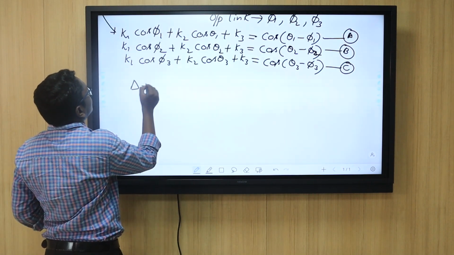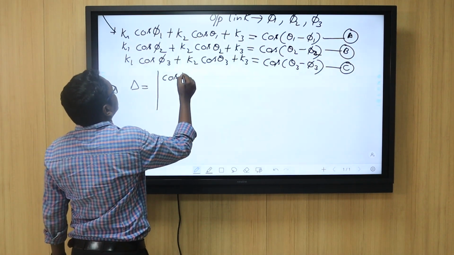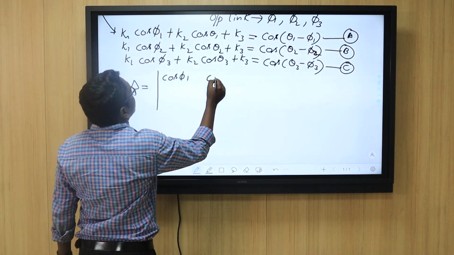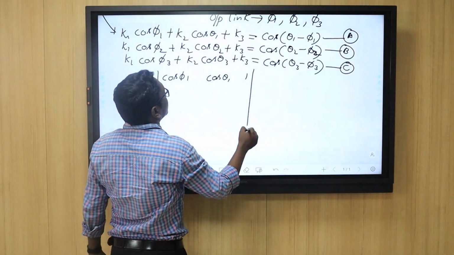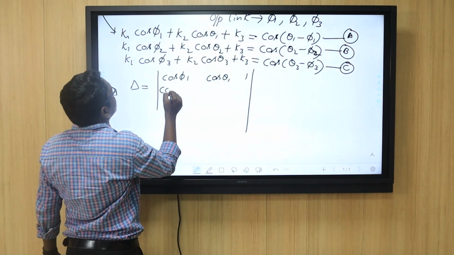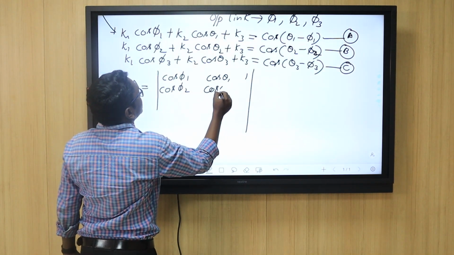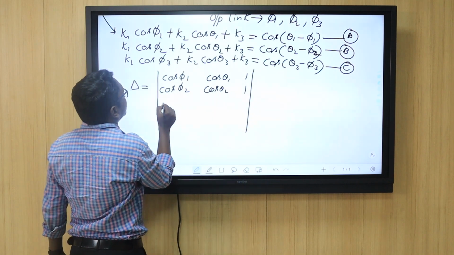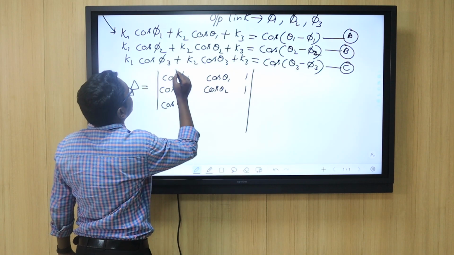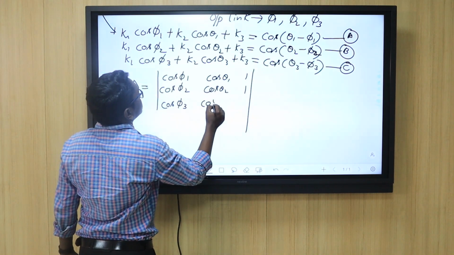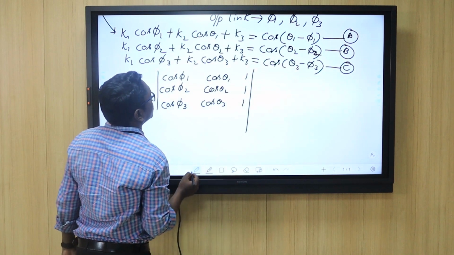Delta is equal to cos phi 1, cos theta 1, 1; next cos phi 2, cos theta 2, 1; cos phi 3, cos theta 3 and 1.